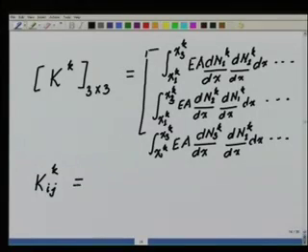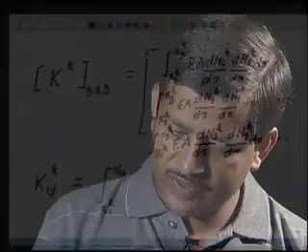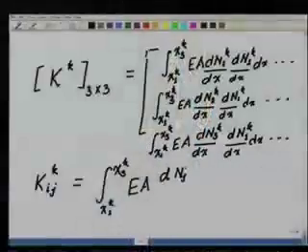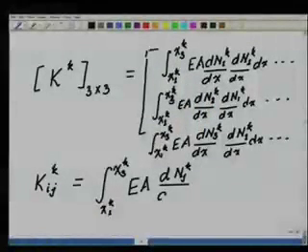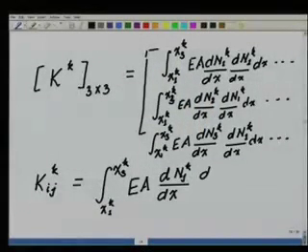This will be equal to the integral from x1 of k to x3 of k of EA d njk dx d nik dx.